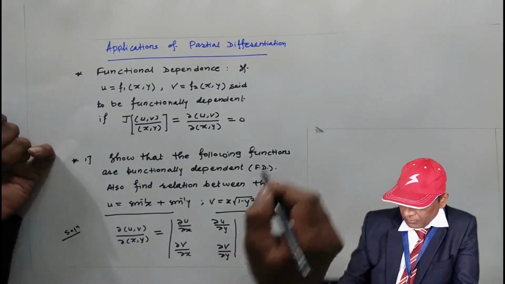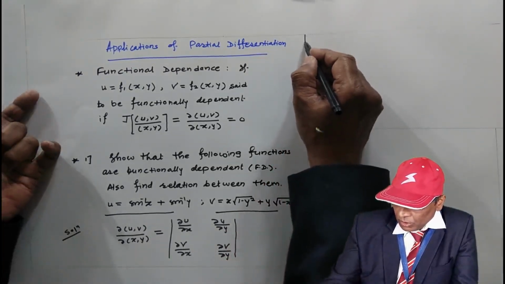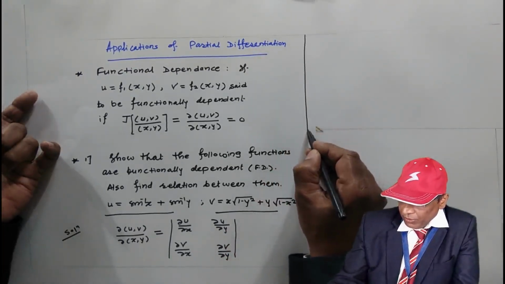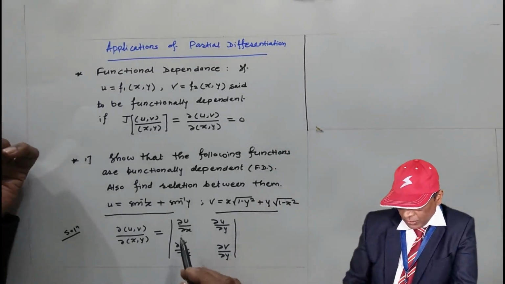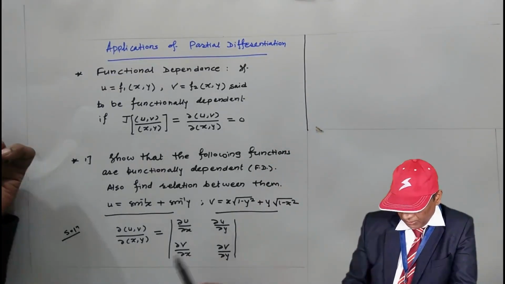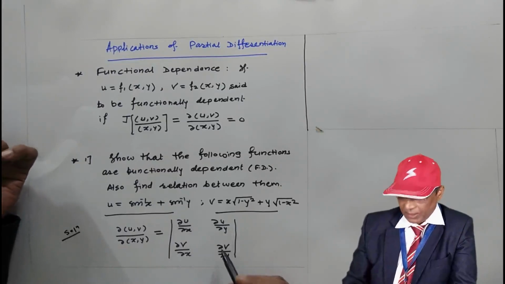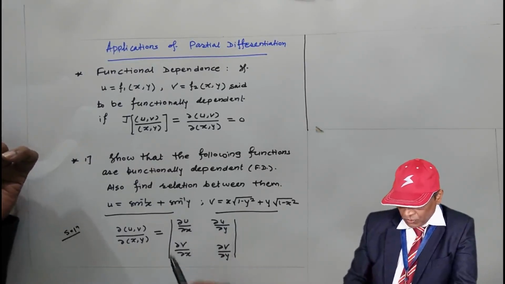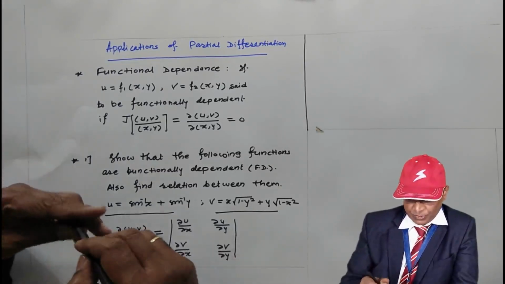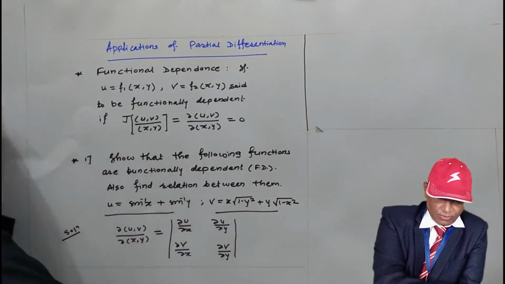Now we want del u by del x, del u by del y, del v by del x and del v by del y. All these four partial derivatives are required.